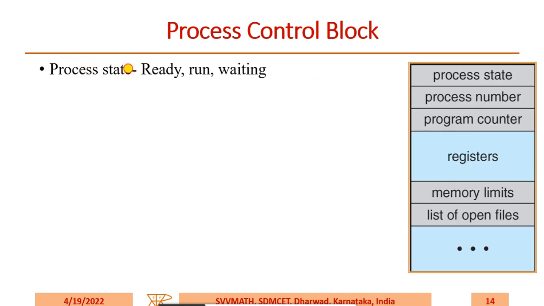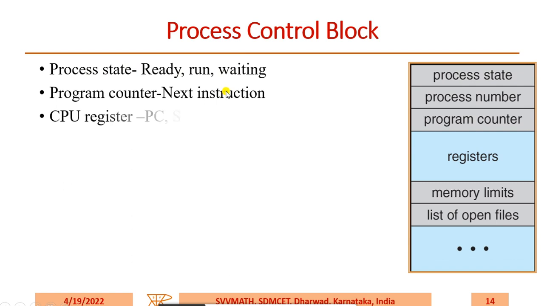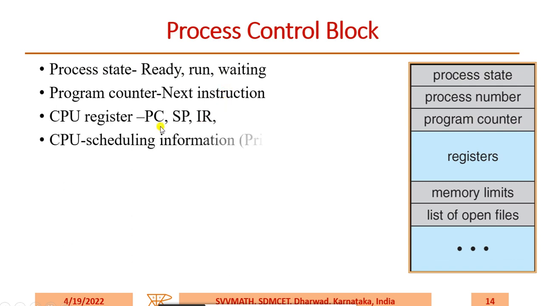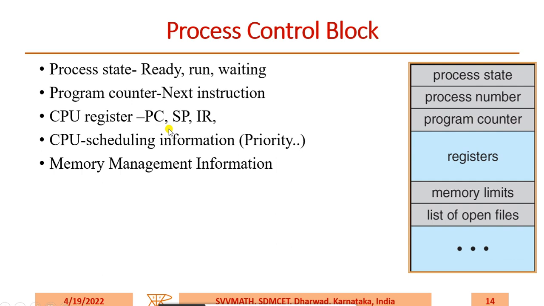Process state, whether the process is ready, run, waiting, etc. Program counter, where the next instruction is available. CPU registers, such as program counter, stack pointer, instruction register, CPU scheduling information, memory management information. When we discuss a separate chapter on memory management, you will come to know what information can be kept in the process control block.